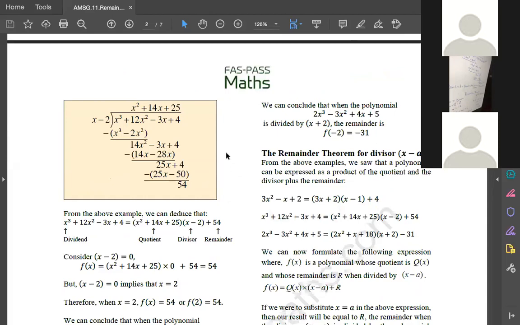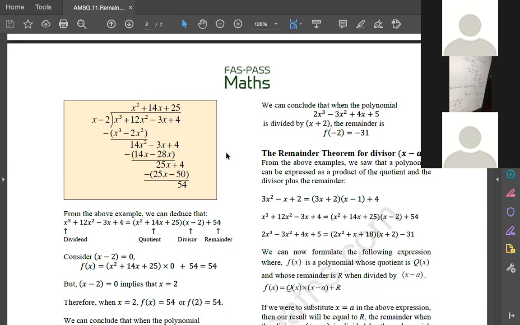Now the only thing is, if you have a divisor or the factor to be x plus a, the a is any constant. In mathematics, any constant is any number. So if you have x plus a number, let's say x plus 2, automatically the value you're going to get will be negative, because you carry the 2 across the equal to sign to the other side.